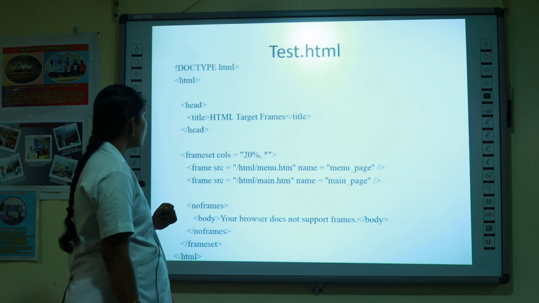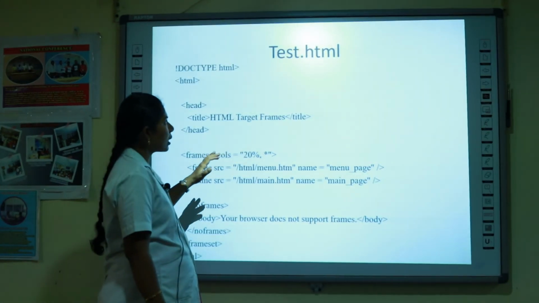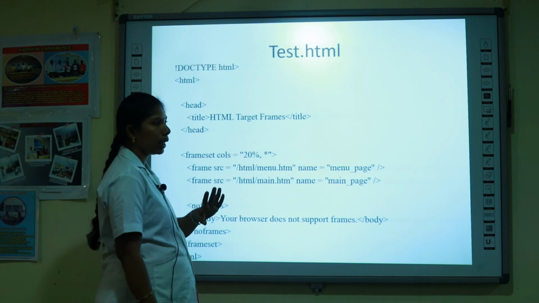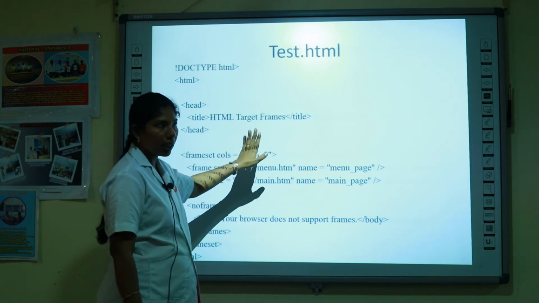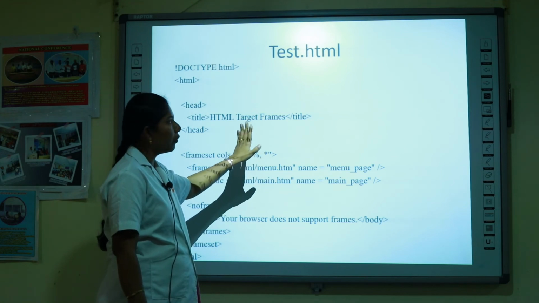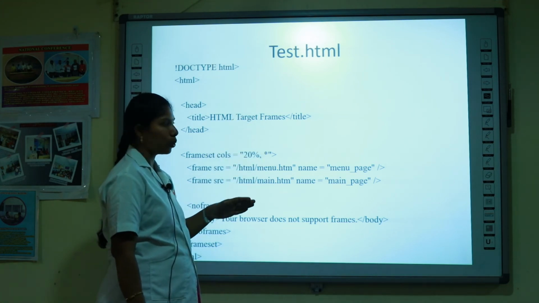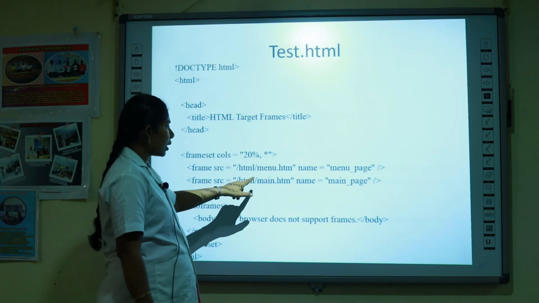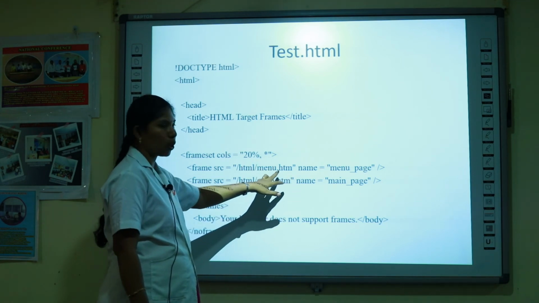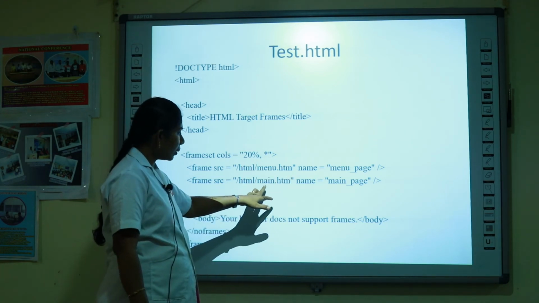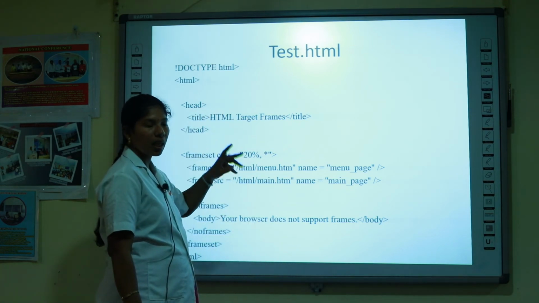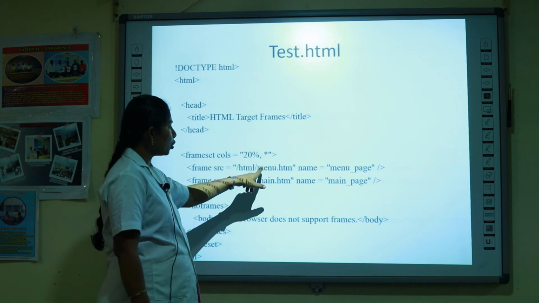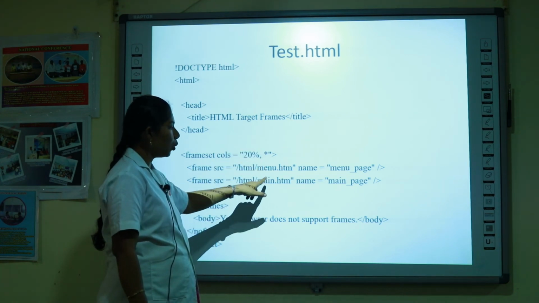Okay, next, here is an example. Here I have 3 HTML documents. The first one is test.html, this is the main HTML page I have used for dividing the window into 2 sections, that is the first page will be menu.html and the second will be main.html. The test.html will be the main page. I am dividing this page into 2 windows, menu and main.